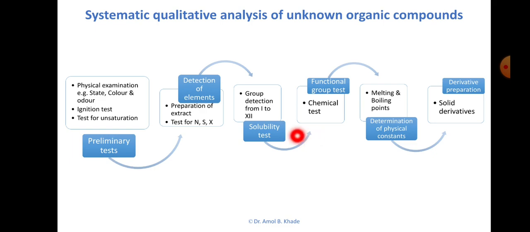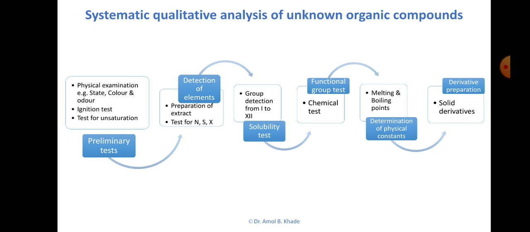After doing the solubility test, you can go for the functional group detection by performing several chemical tests, and then to confirm the identity of the compound you can perform the melting point determination. If your compound is solid, you determine the melting point; if it is liquid, you can determine the boiling point.